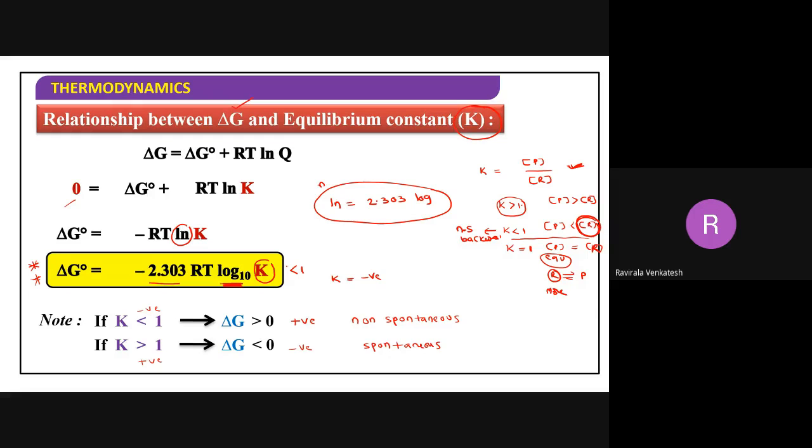Greater than 1 means product concentration is more, so the reaction is moving in the forward direction. Reaction moving forward means a spontaneous process.